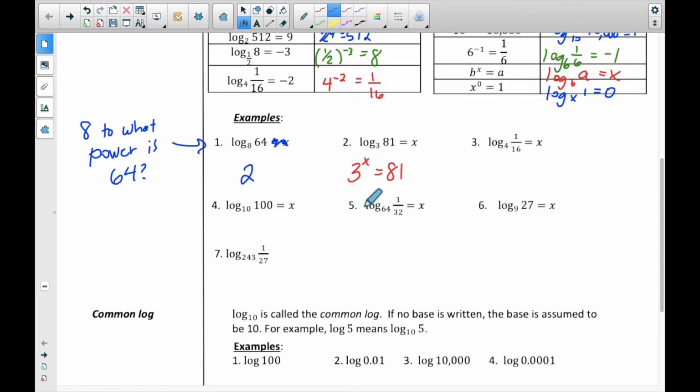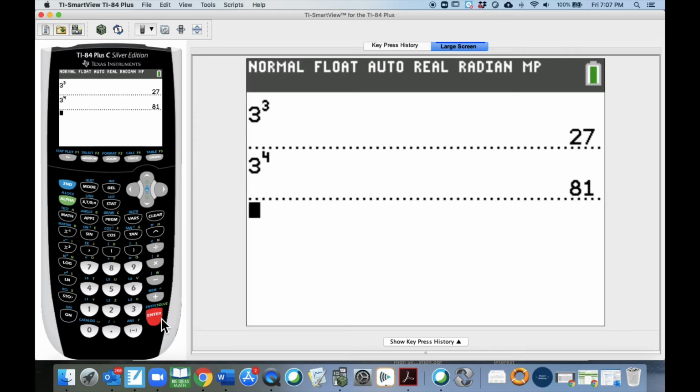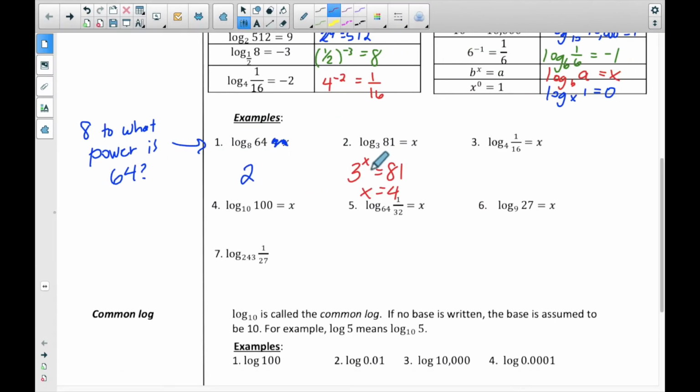Try 3 to the second, try 3 to the third, try 3 to the fourth, and try 3 to the fifth, etc., until you come up with it. So if I go to my calculator, I can just try, okay, what's 3 to the third? It's not big enough. Okay, what's 3 to the fourth? 81. 81 is what we were looking for. So the answer here is 4. So 3 to the fourth is 81.